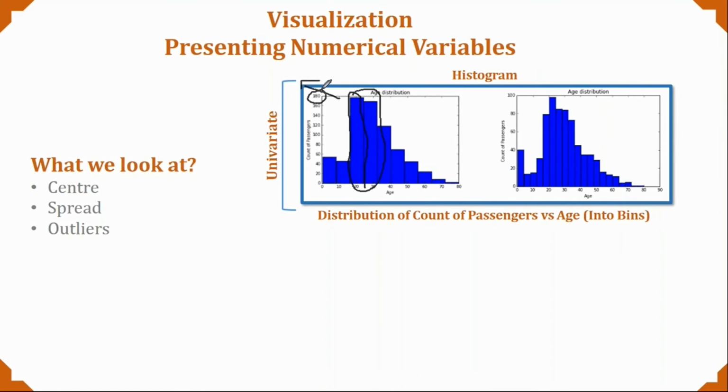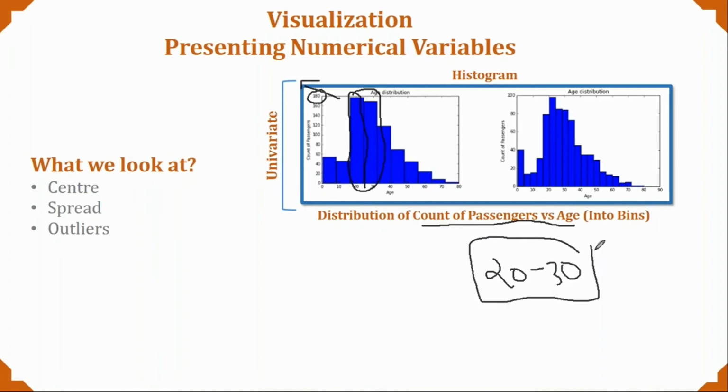The count of passengers versus the age shows that the 20 to 30 age group are more who are traveling from Hyderabad to Delhi. So we got to know that the 20 to 30 age group is larger.